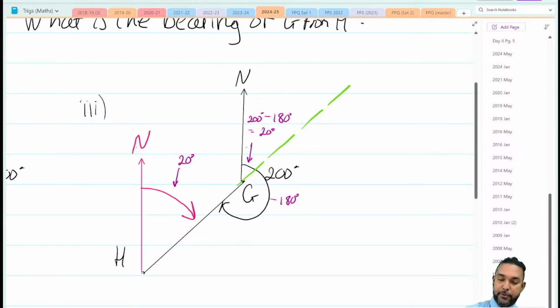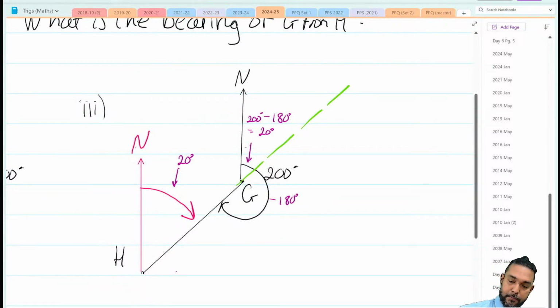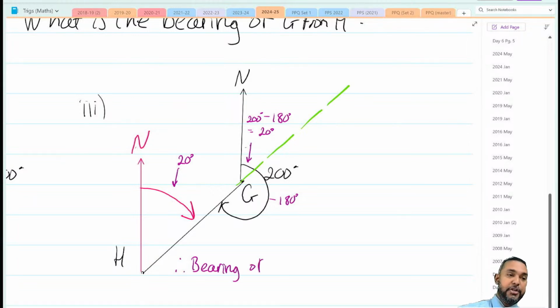I just want to put in the bearing of G from H is 200 degrees minus 20 degrees.